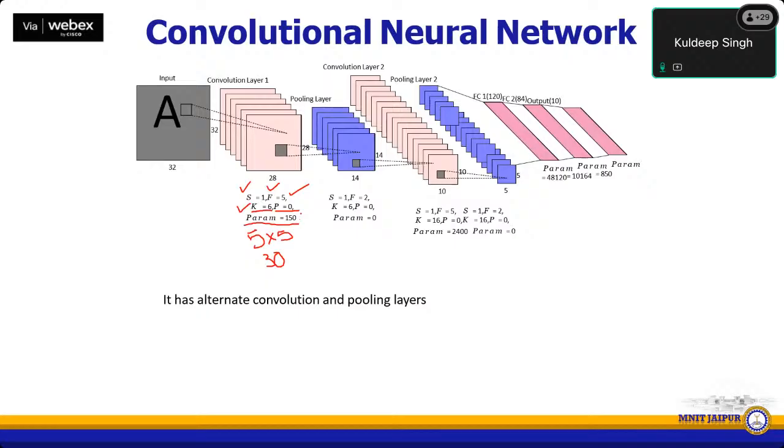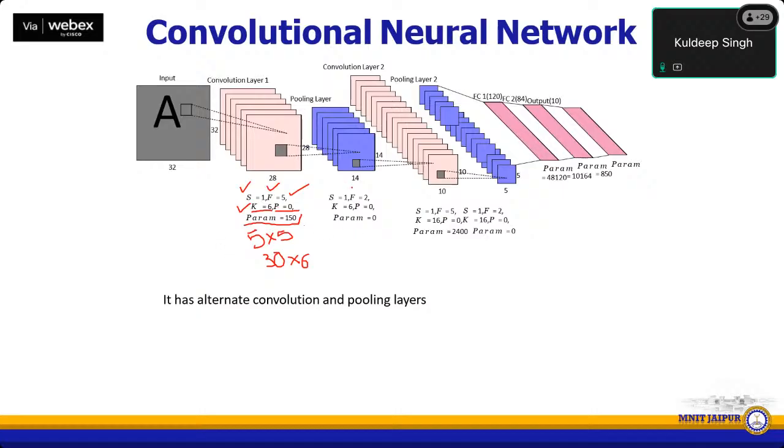I think there is some mistake here. It should be 180 parameters, because 30 is the number of weights in one filter, and then we are using six such filters. So that's why it will be 180 parameters in the first layer.